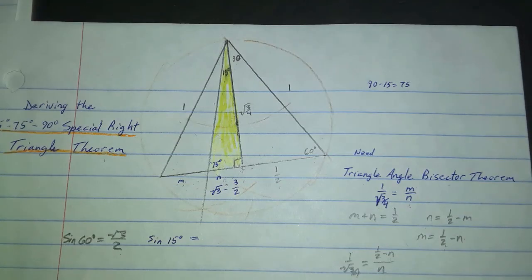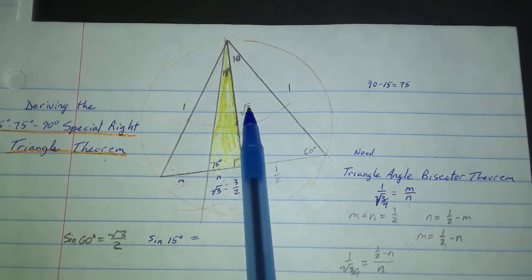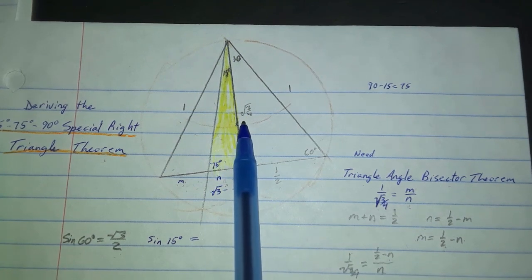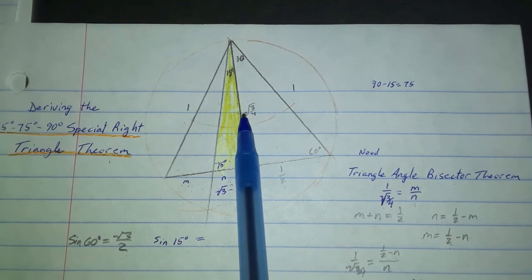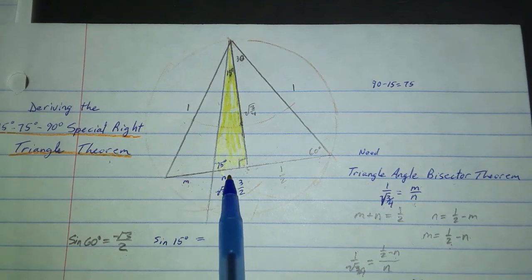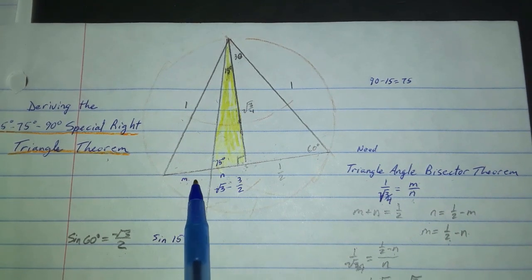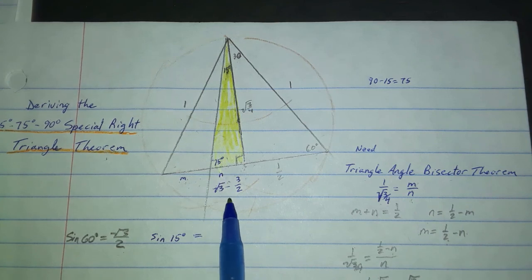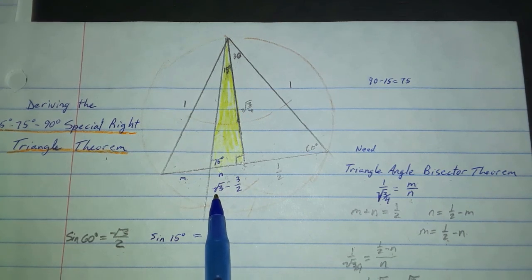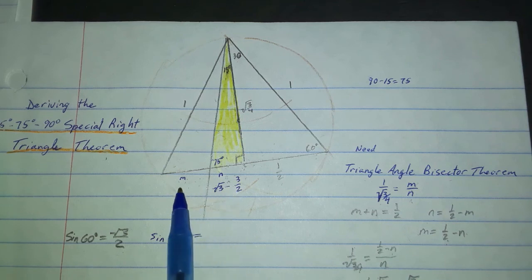All right, so I'm looking at this triangle that I've colored in yellow here, and so we know this height of this yellow triangle is square root of 3/4, and the segments down here I've designated as M and N. You can see I've already filled in a value here, but we'll talk about how I get this value later.